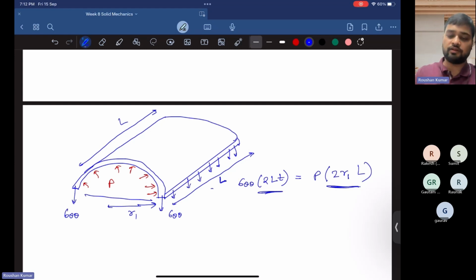If we cut the cylinder in half from the mid plane, we see two different edges, the left side and the right side edges. So basically that's why it has 2L into T. Basically it has LT plus LT, and that's how it becomes 2LT. In this way we can find the value of sigma theta theta, which is given by PR1 upon T.